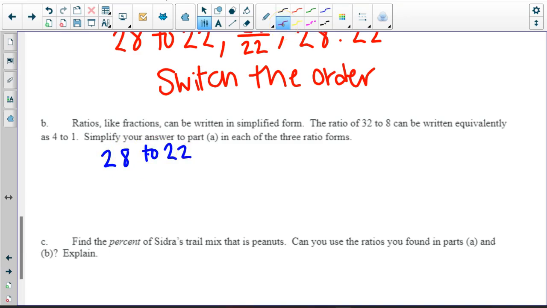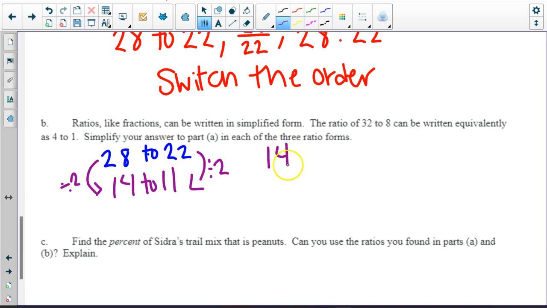What goes into 28 that also goes into 22? And hopefully you come to the realization that each one can be divided by 2. And remember, we're simplifying, so we're dividing. So this becomes 14 to 11. And then again, you can copy it down in all three forms. This would be 14 over 11 and 14 colon 11.